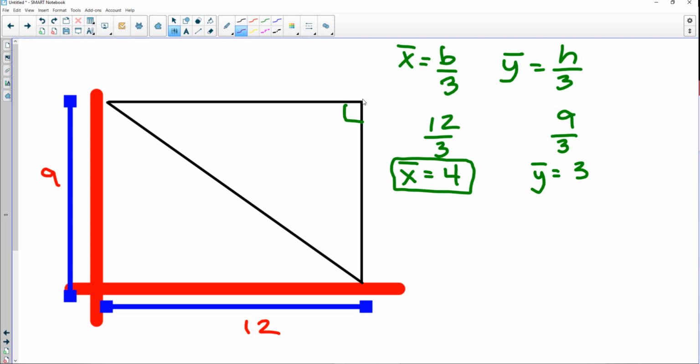So if I start here and I go 4 in this direction, that's going to be 8 from here, because it's 4 from here. And then I'm going to go 3 along the y-axis from the right angle. So I'm going to go down 3.